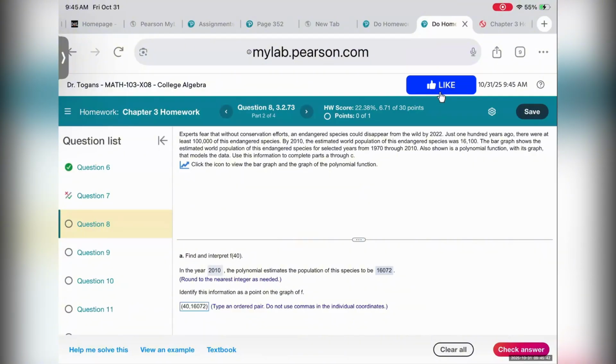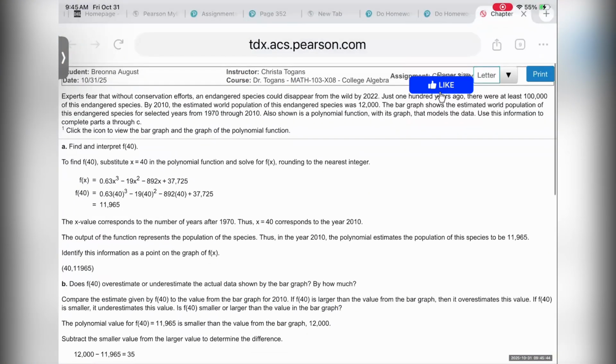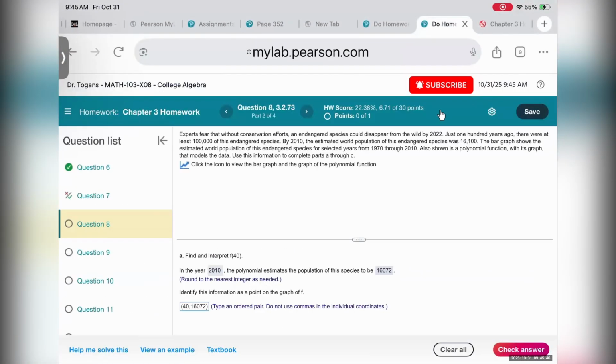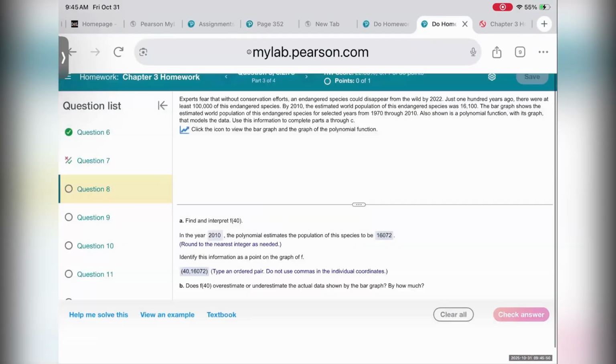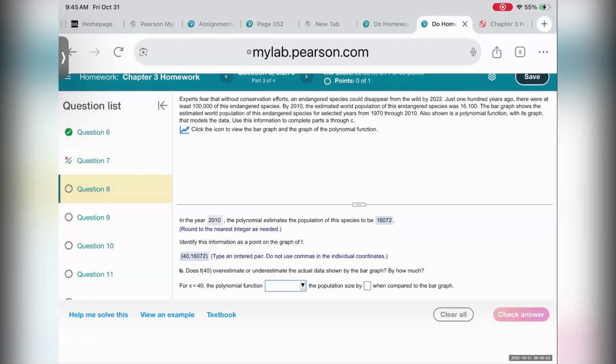Unless you want to check the example to make sure that's what it is. Yeah. And then, because this is college class, ma'am. Okay, so now all you have to do is, does it overestimate or underestimate the actual data shown by the bar graph?